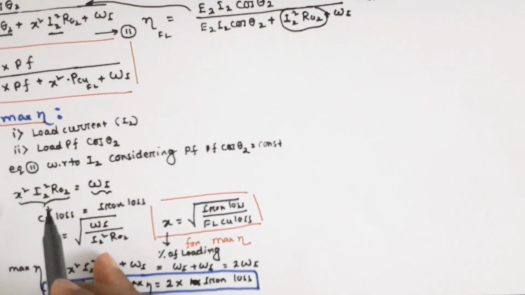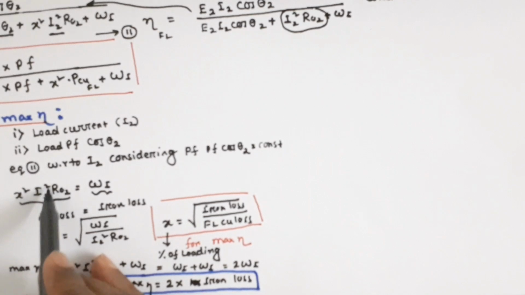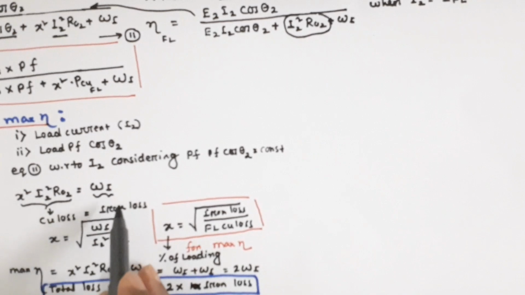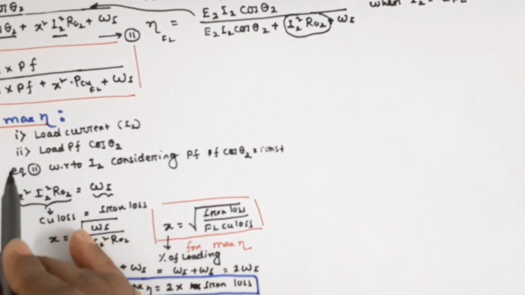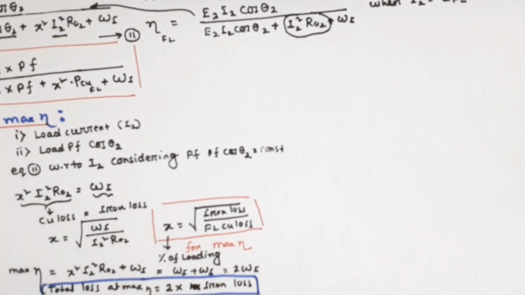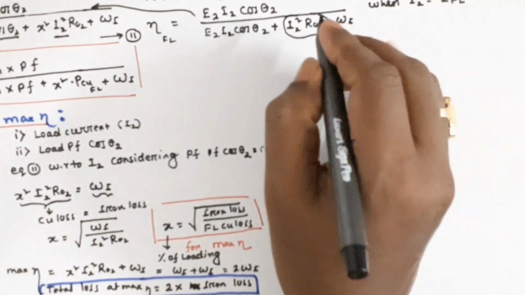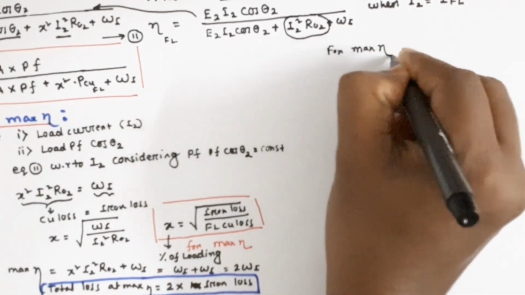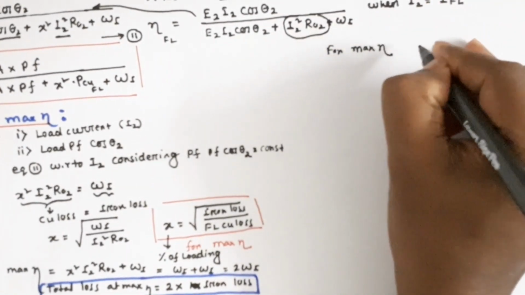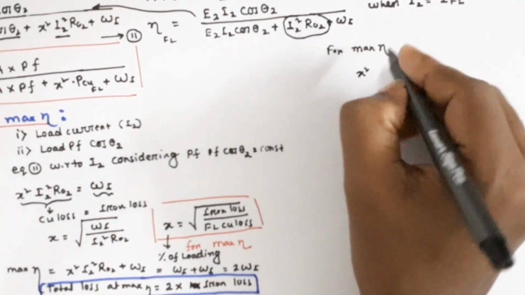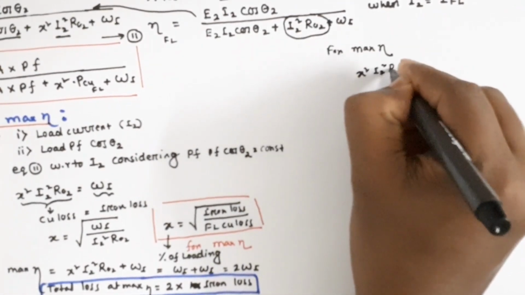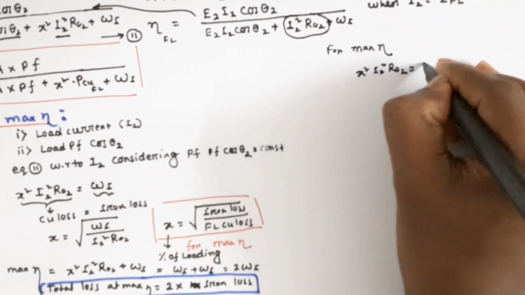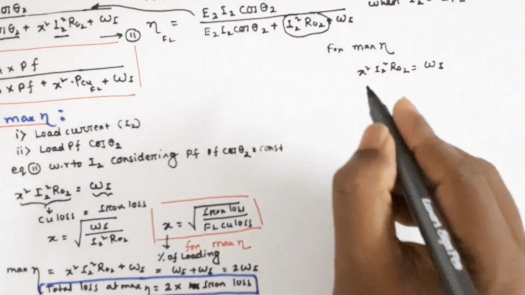We have derived one relation, x square into I2 square R02 equal to Wi. That means copper loss equals iron loss for maximum efficiency. Therefore, we can write again for maximum efficiency, x square into I2 square into R02 equal to Wi, the iron loss.